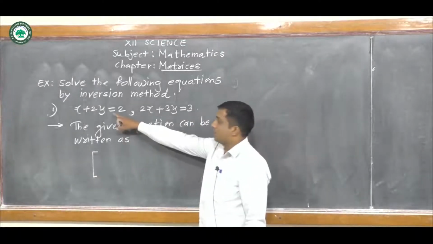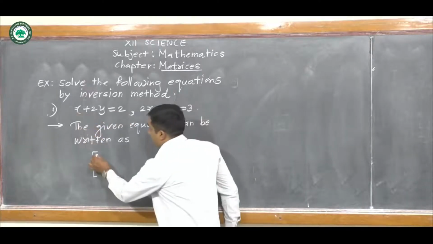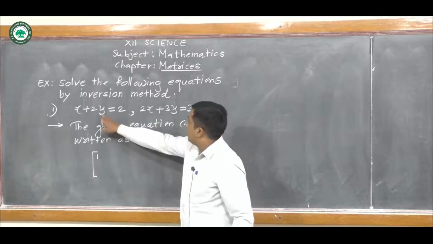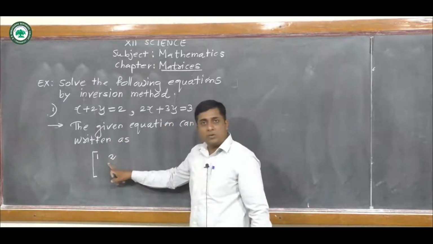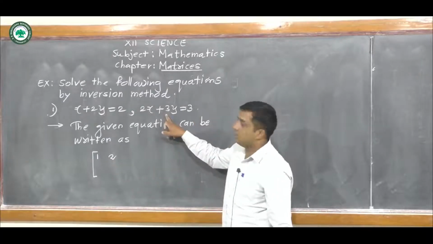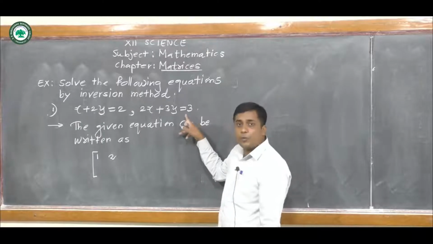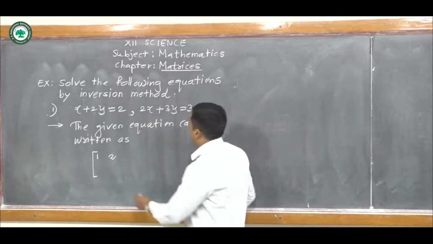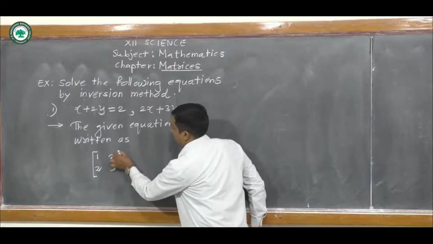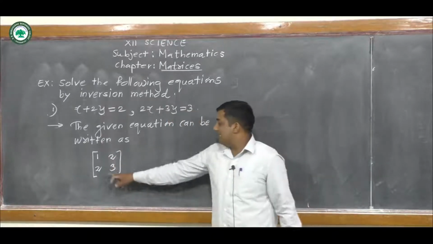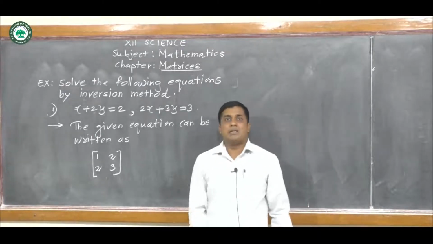Let's go with our first equation. In the LHS, the coefficient of x is 1, then the coefficient of y is 2. So the first equation is for the first row. Next, for the second row we consider the second equation. Here the coefficient of x is 2, then the coefficient of y is 3. So this is the matrix of coefficients of the variables.